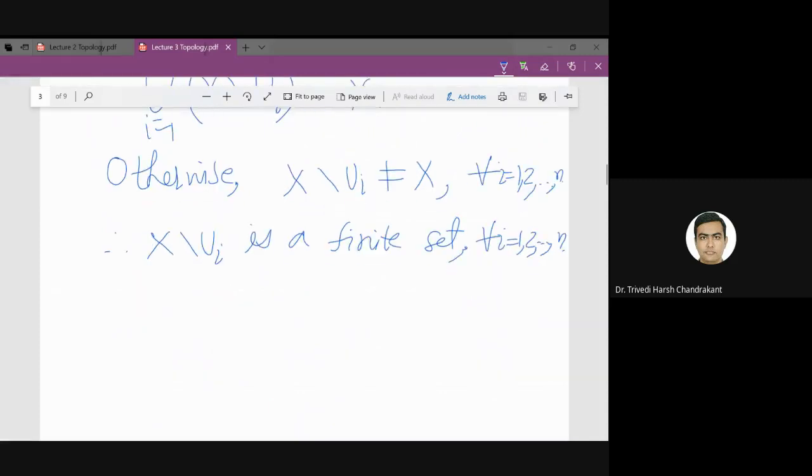And this means what? Therefore the union over i equal to 1 to n of X minus ui is, if each of these sets is a finite set and I am taking the finite union, then a finite union of finite sets is again a finite set. So therefore this is also a finite set.